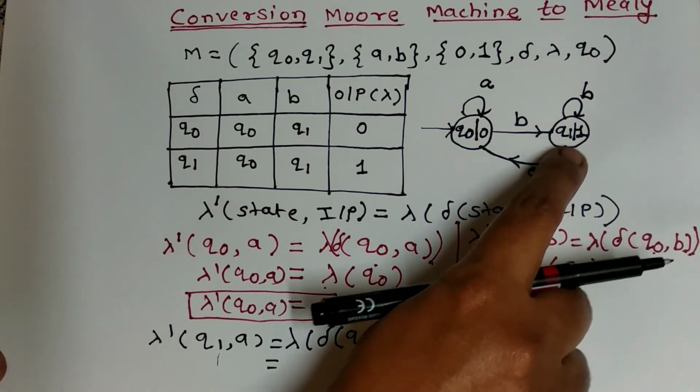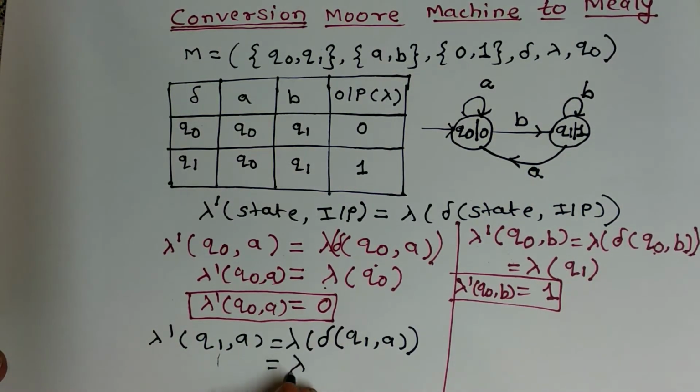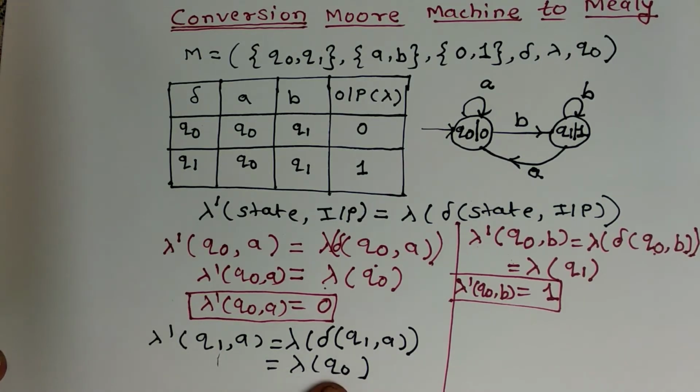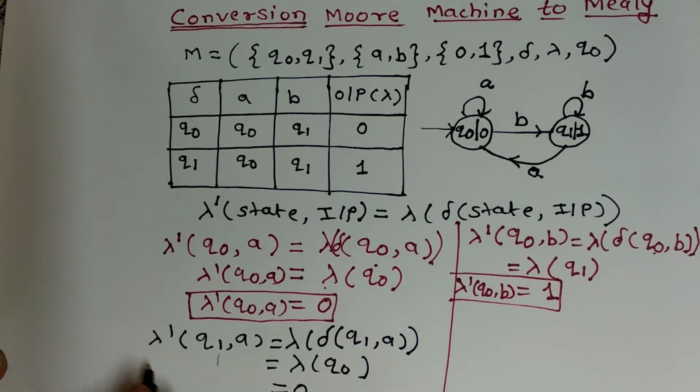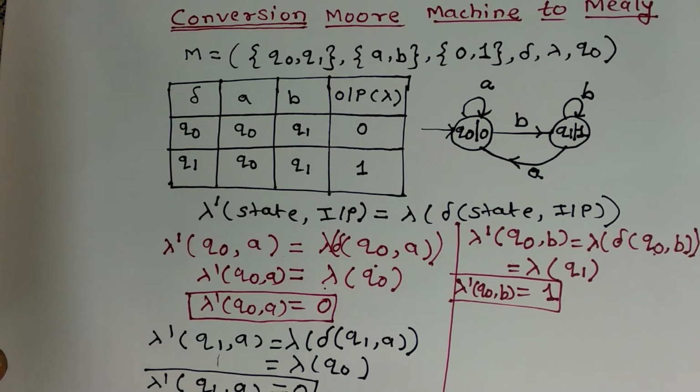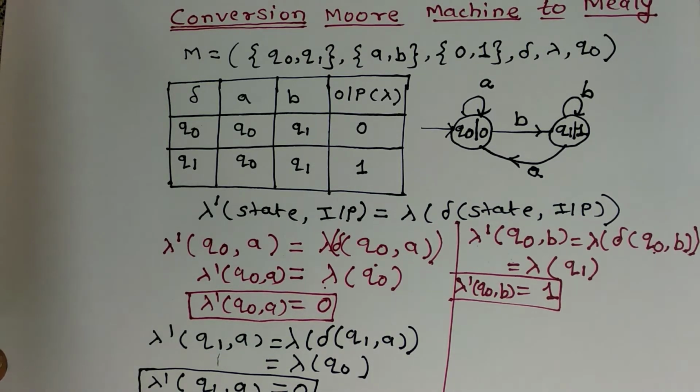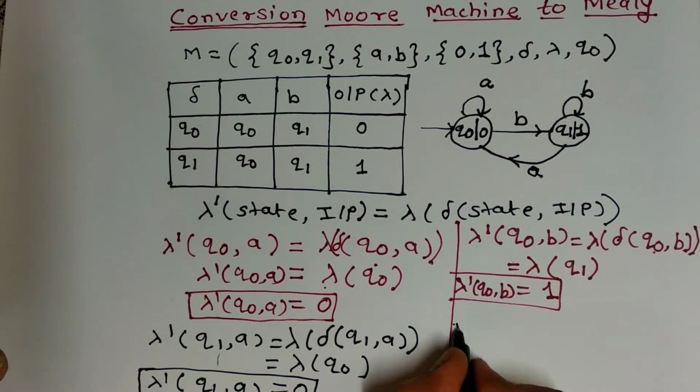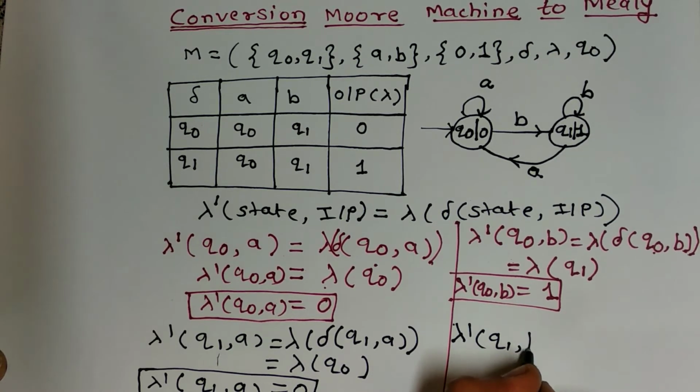Q1 by taking A goes to Q0. But what is the output of Q0? Lambda means the output. Q0's output is 0. So this is your lambda dash of Q1 over A. Done for this. Now the remaining is lambda dash over Q1 comma B.